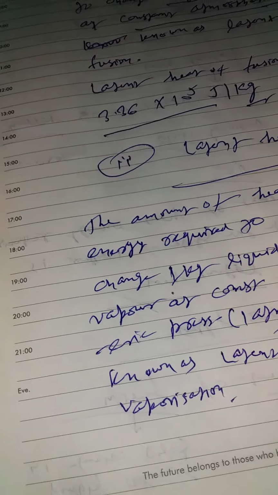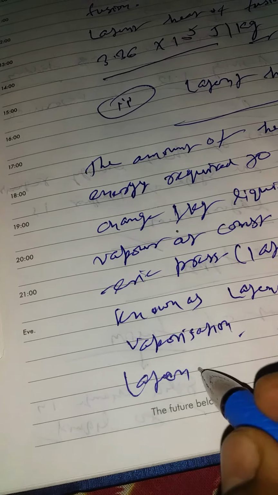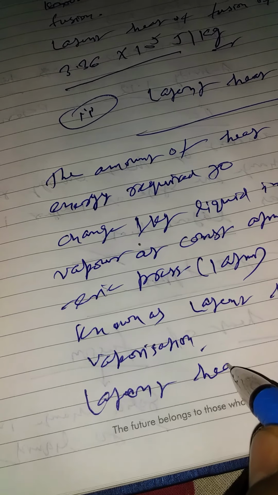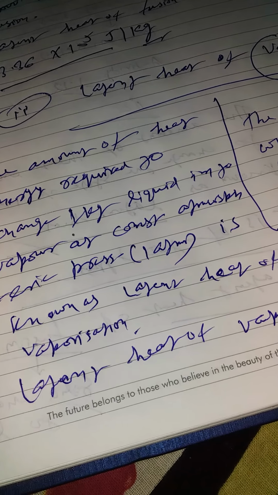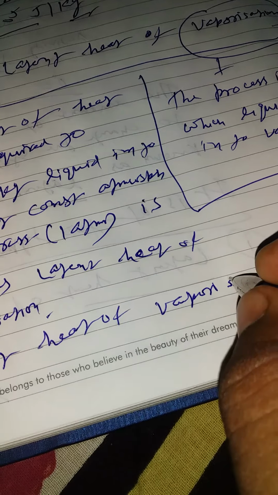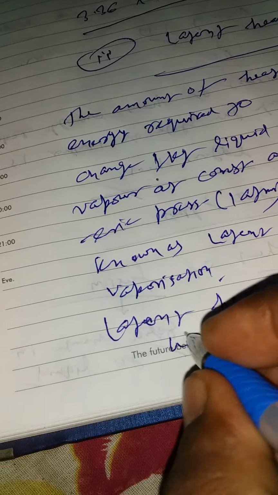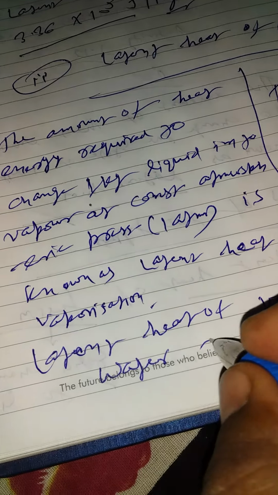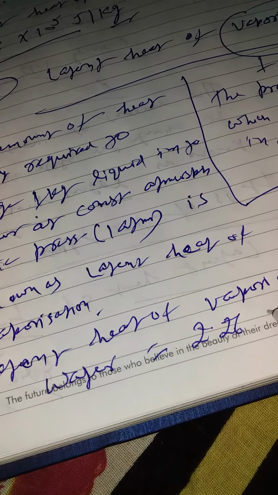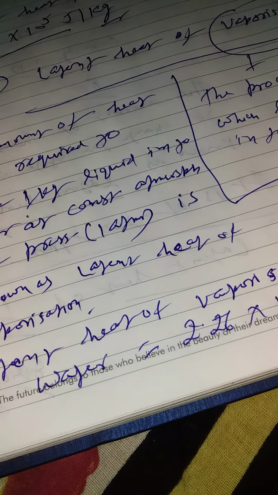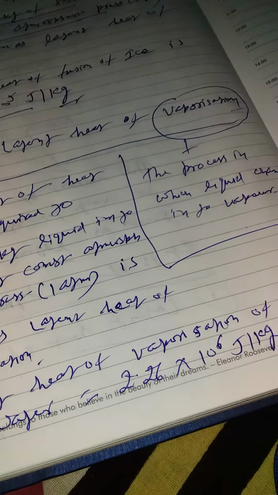So students, the latent heat of vaporization of water is 2.26 into 10 to the power 6 joule per kg.